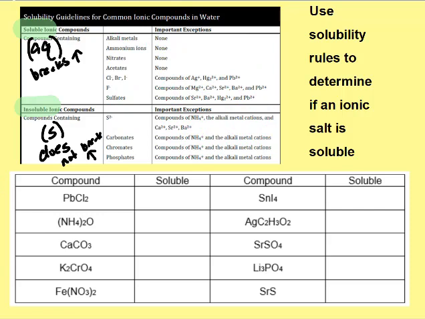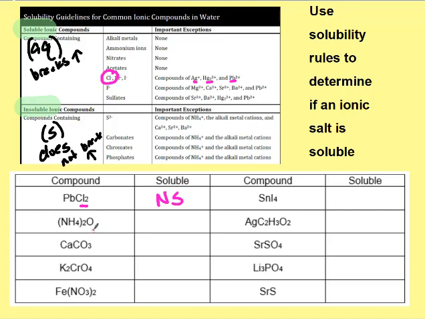So let's read our chart. When looking at a compound, you're going to look at the second one, chloride. Chlorides are soluble unless it's paired with silver, mercury, or lead. Well, it's paired with one of those, so it's going to be not soluble.